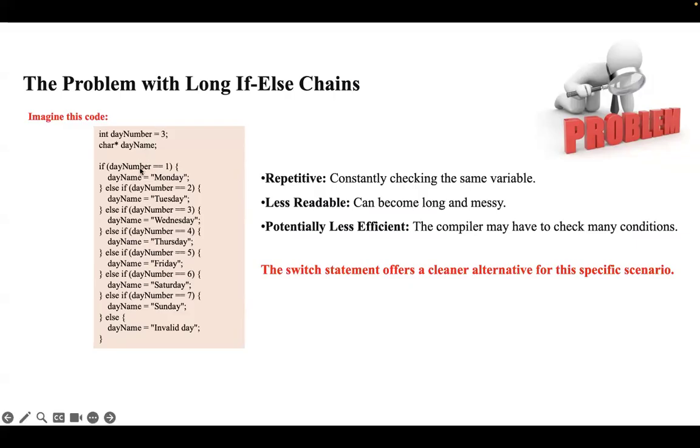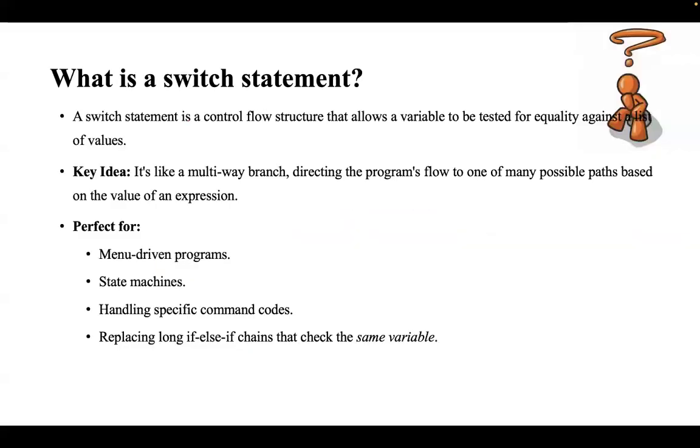And in all these conditions, we check only one variable. So this is quite difficult to handle if we have more than two conditions. It will be a difficult task to do. Because of that, we have something called the switch case statement.